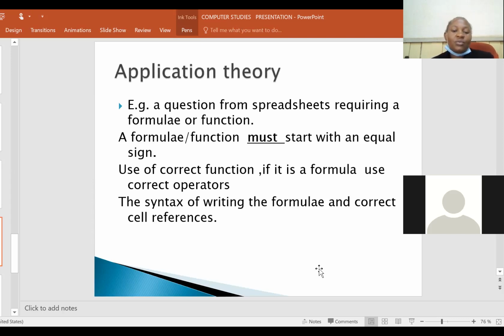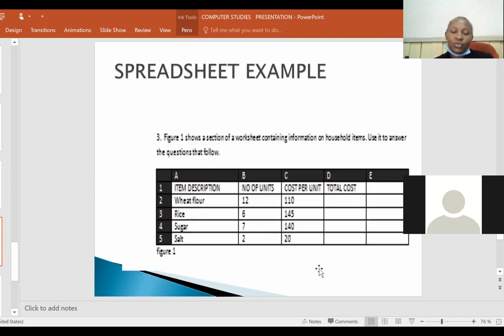For you to score the right answer, the syntax of writing the formula is of great importance, and the use of correct cell references is also of great importance. Generally, if you have done that, you'll be able to score a correct answer.